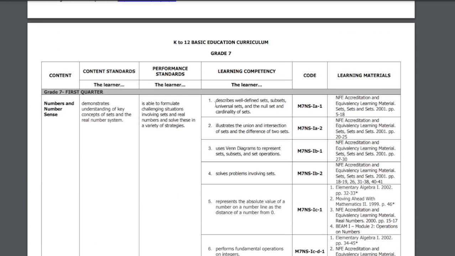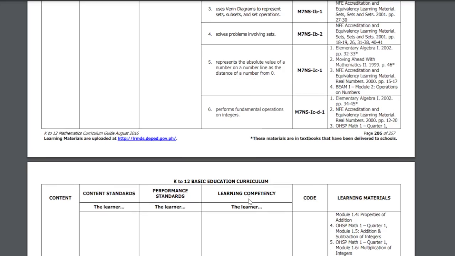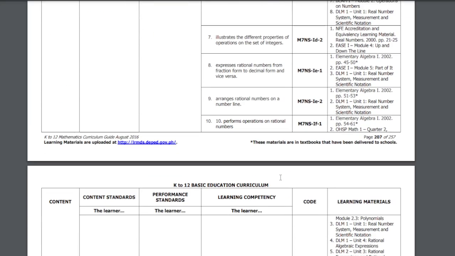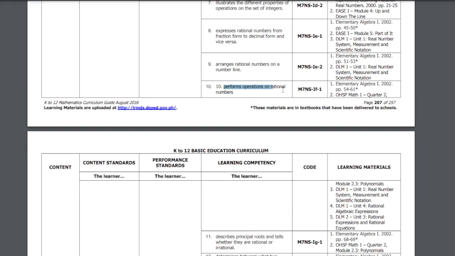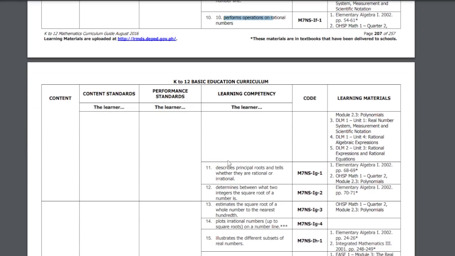We're still in this topic about sets, but about integers. We're going to express rational numbers, arrange those rational numbers, and perform the same operations on your fractions and decimals. We're going to describe the principal roots, and learn all about the radicals here.